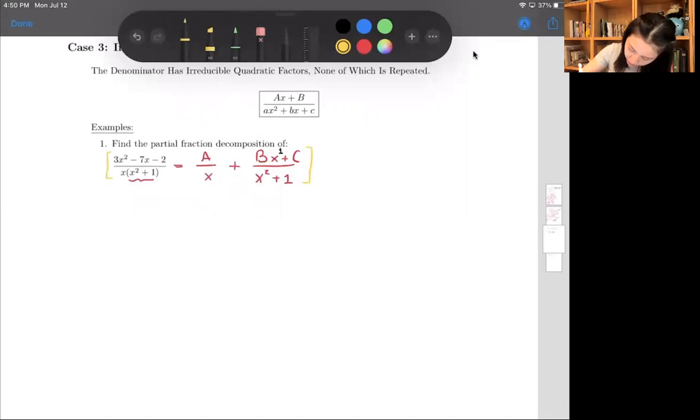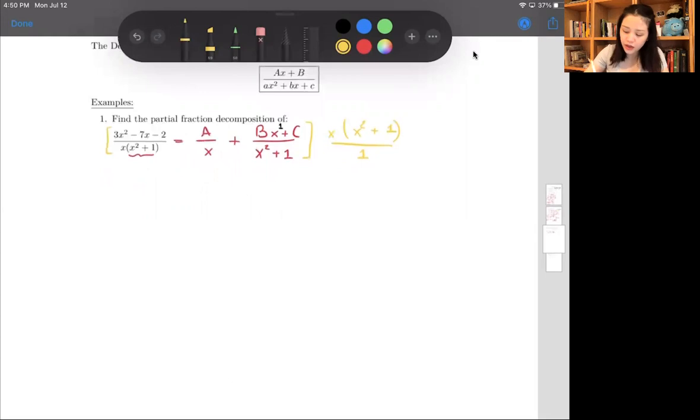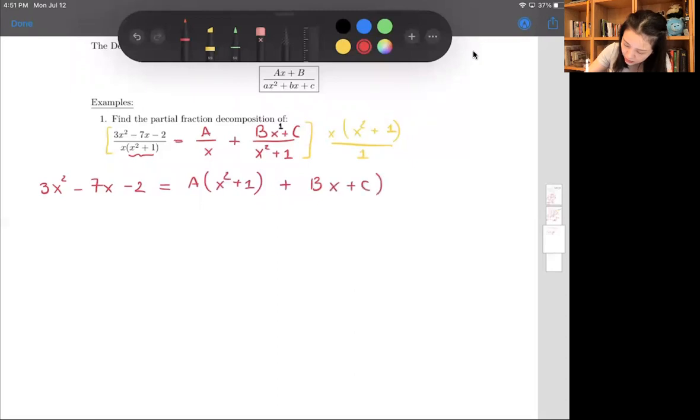If I multiply both sides by x times (x squared plus 1), the left-hand side just cancels, so it's 3x squared minus 7x minus 2 equals A times (x squared plus 1) plus (Bx plus C) times x, which equals Ax squared plus A plus Bx squared plus Cx.